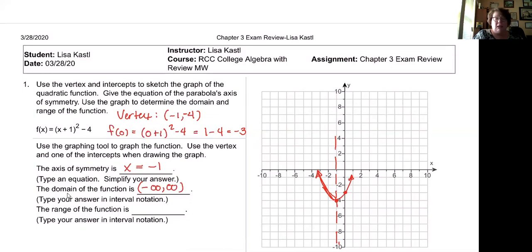So it has a minimum value. So the range starts at its minimum value and goes to positive infinity. So that would be from negative 4 to infinity. And I do use a bracket on the negative 4 because negative 4 is a point on the graph of this function.